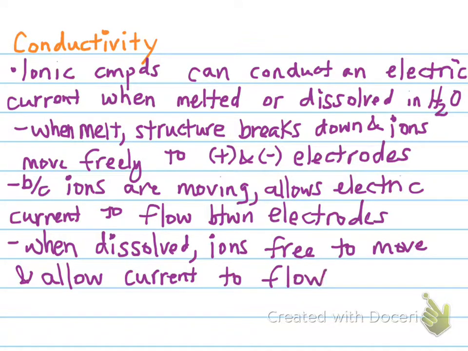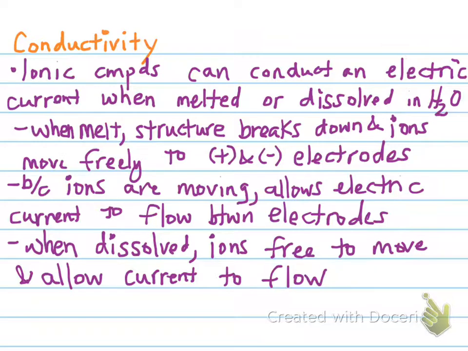That is why during an electrical storm, you are supposed to steer clear of water. Water dissolves many ionic compounds, and there are lots of ionic compounds in the soil and the dirt and in the earth.